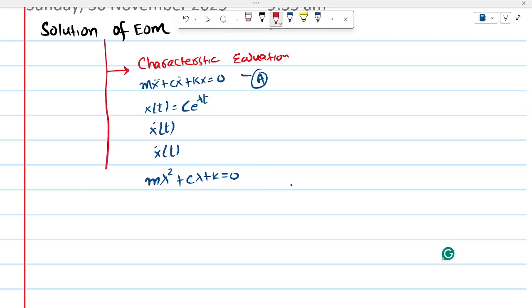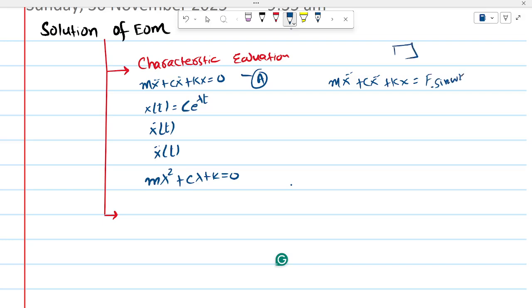The second method is actually the same method, an extension of this one. If it is not equal to 0, you have the equation of motion m x double dot plus c x dot plus k x equal to a force. It's a forced vibration, so there's a force involved, F naught sine omega t, a harmonic force applied on your system.